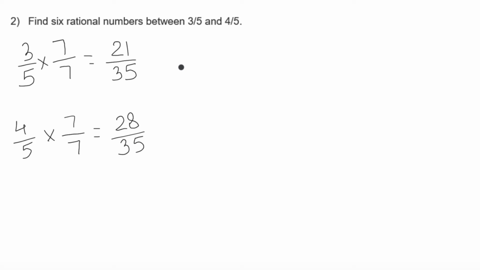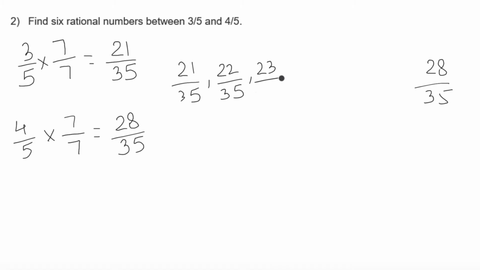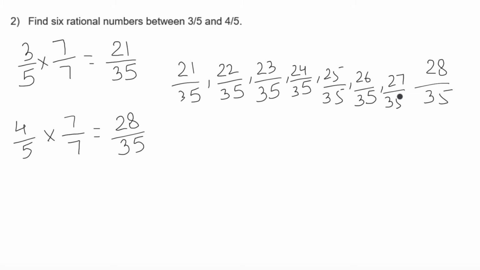So now 6 rational numbers between 21 divided by 35 and 28 divided by 35 are 22 by 35, 23 by 35, 24 by 35, 25 by 35, 26 by 35 and 27 by 35.